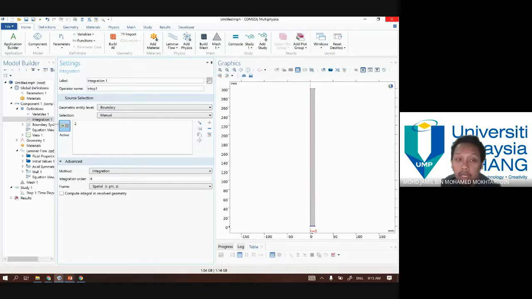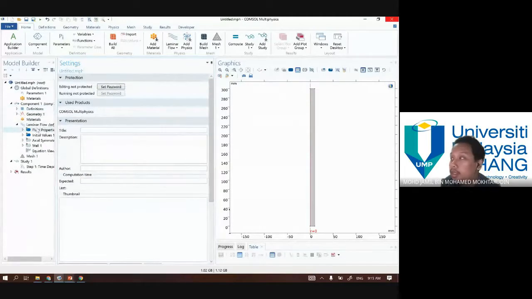So this is asking you to create some integration of something on this boundary that you highlighted here. After we define the integration, then we can set the physics.